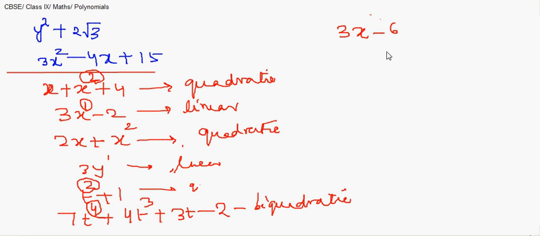Zero of the polynomial refers to the value of x at which, if we substitute that in this expression, it will give us 0. So it is the value of this variable which we have to substitute here so that I get 0. Now if I substitute, suppose, 2 here as x, I get 3 into 2 minus 6, that's 6 minus 6, which gives you 0. So the zero of this polynomial is 2.